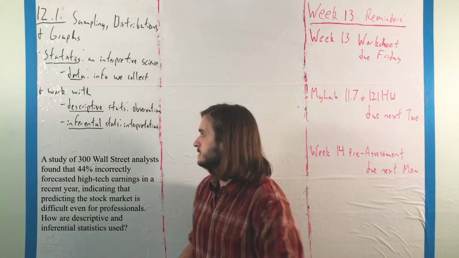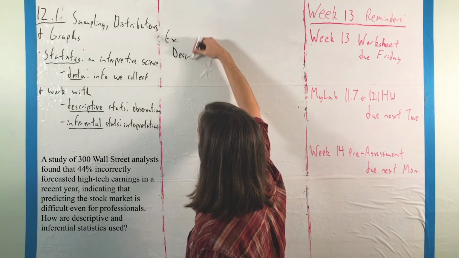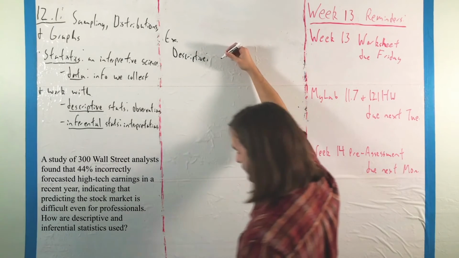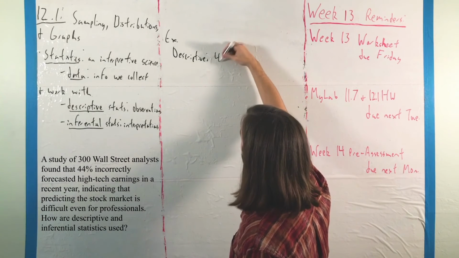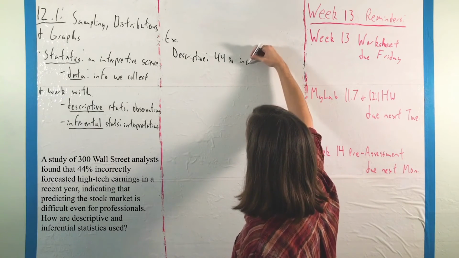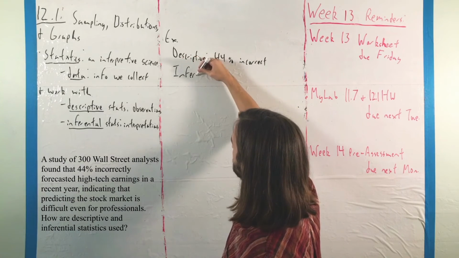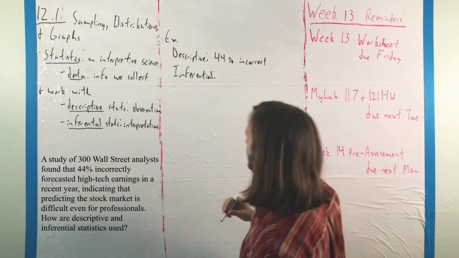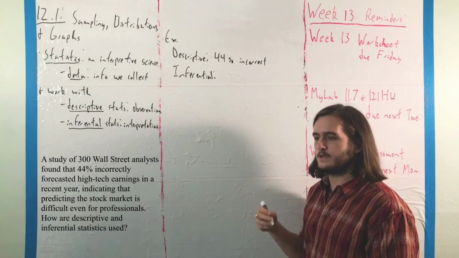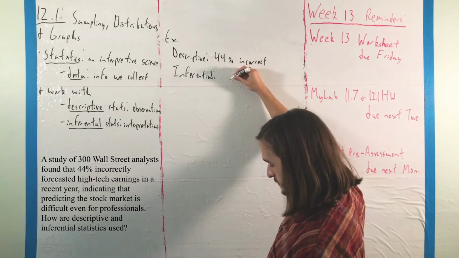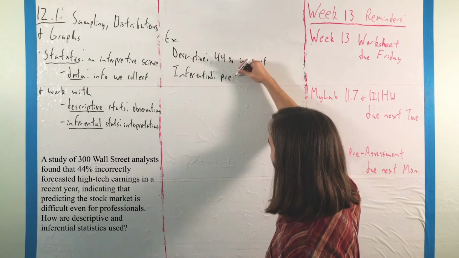The descriptive stats would consist of just those values, the 44% incorrect, while the inferential stats would be the conclusion that they're used for, the conclusion that is drawn from them. That is, that predictions are hard.